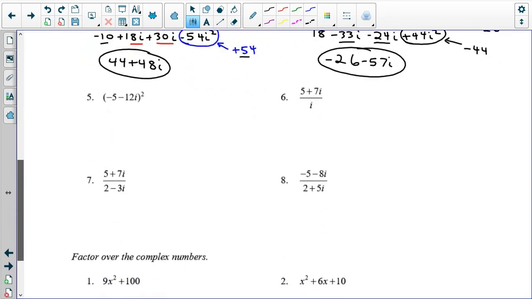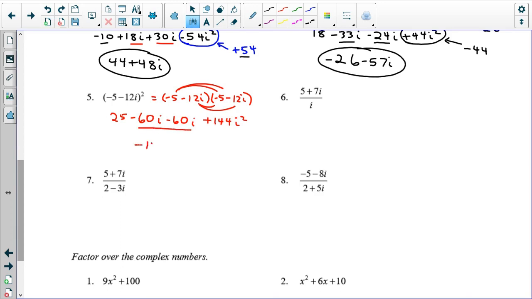Number 5, anytime I do something squared, that's the same thing as writing it twice. So negative 5 minus 12i times negative 5 minus 12i. And then I can distribute. So I end up with 25 minus 60i minus 60i plus 144i squared.